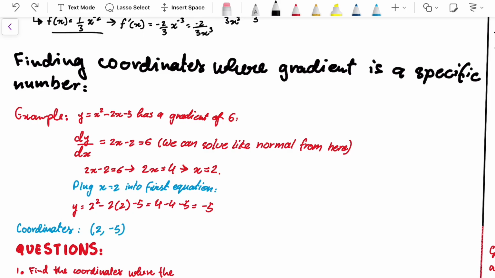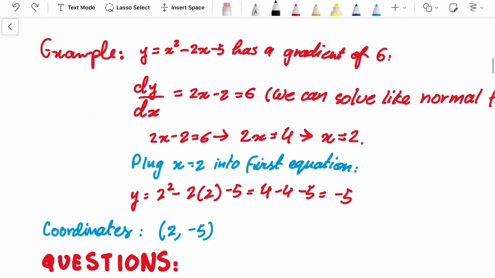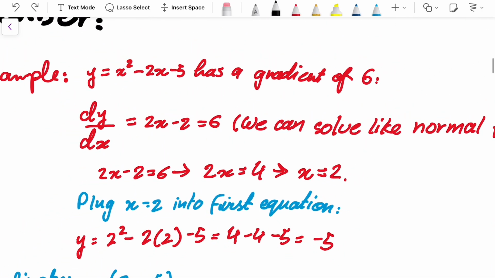So now if we're trying to find the coordinates where gradient is a specific number. Okay, so take this example. y is equal to x squared minus 2x minus 5, and it has a gradient of 6. At what coordinate will it have the gradient of 6?